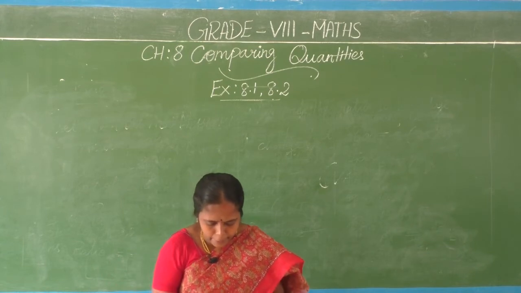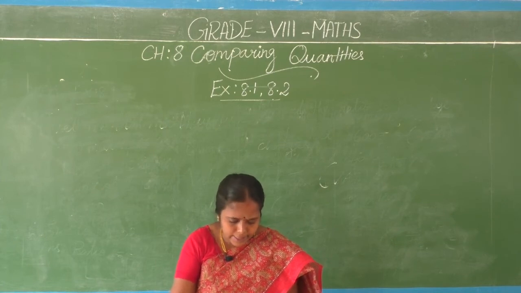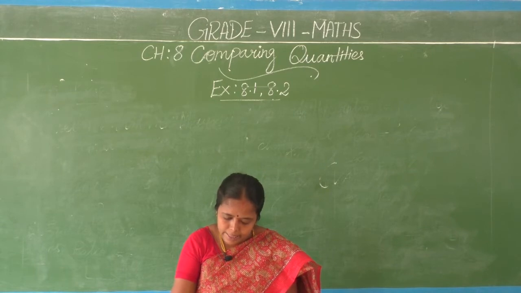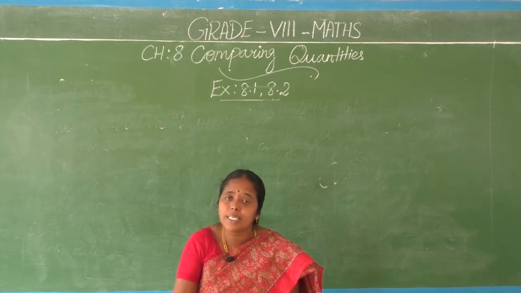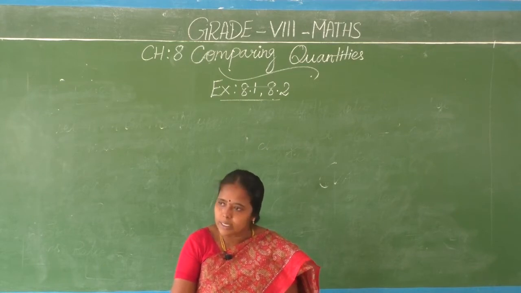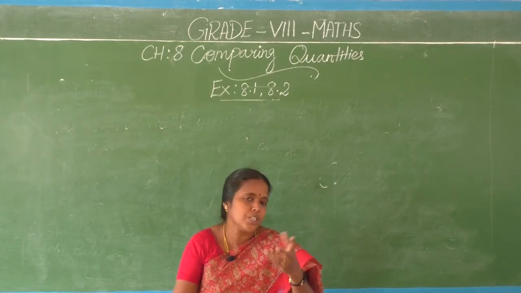In 8.2, first question: a man got a 10% increase in his salary. If his new salary is 1,54,000, find his original salary. Actually, what is given? He has some amount, but we don't know the person's original salary.